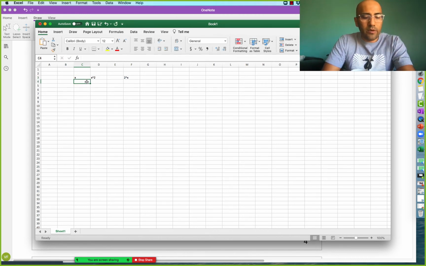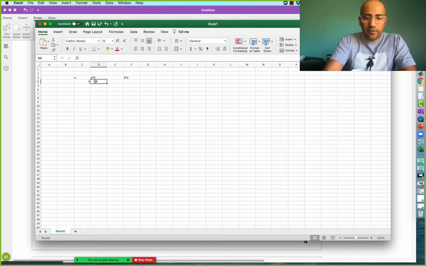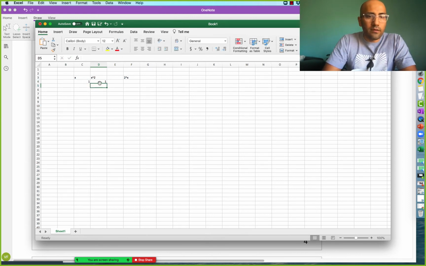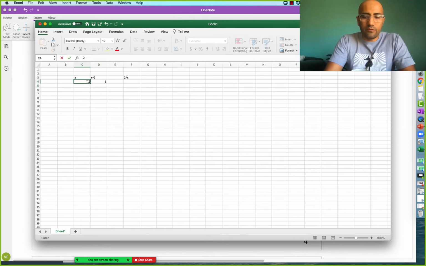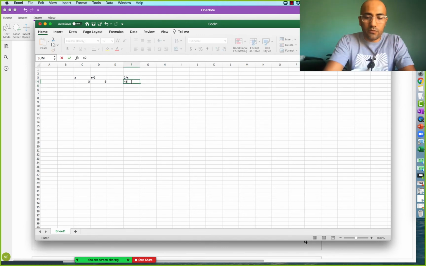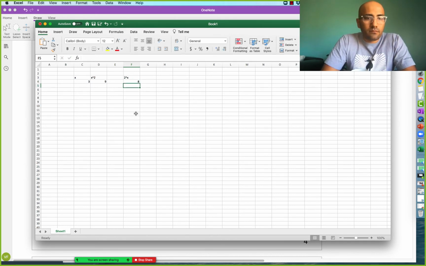So for example, when x is 1, I'll have the input value raised to the power of 2. Let's try a different one. How about 2? That works. 3. Okay, so it's being squared. And then over here, let's let this be equal to 2 raised to the power of this value there. Good.